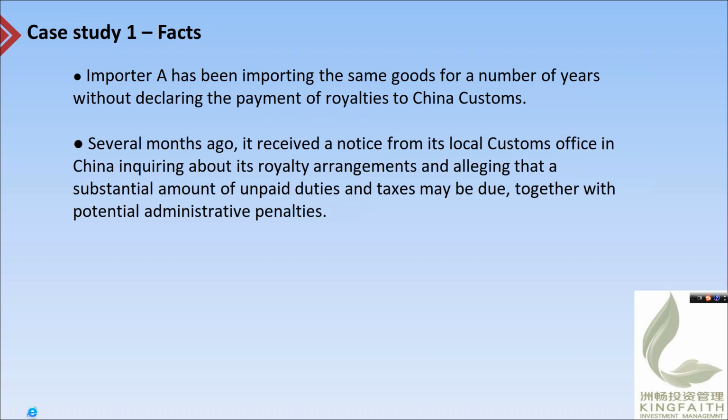Customs alleged that a substantial amount of unpaid duties and taxes may be due, and together they will be faced with potential administrative penalties. So importer A, after receiving the notice, felt quite nervous. Actually, they found us and asked for help.